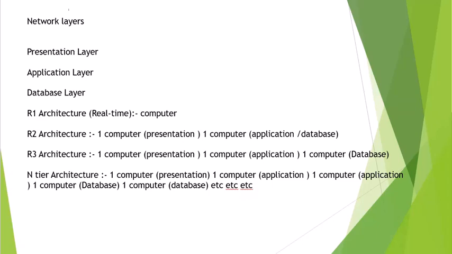Now another one we call the database layer. Okay, fine, we have a presentation layer, we have an application layer, now we have a database layer. What is this database layer? In general terminology, if you want to store anything, you require a hard drive or hard disk. To store the data, you have to have the disk, correct?